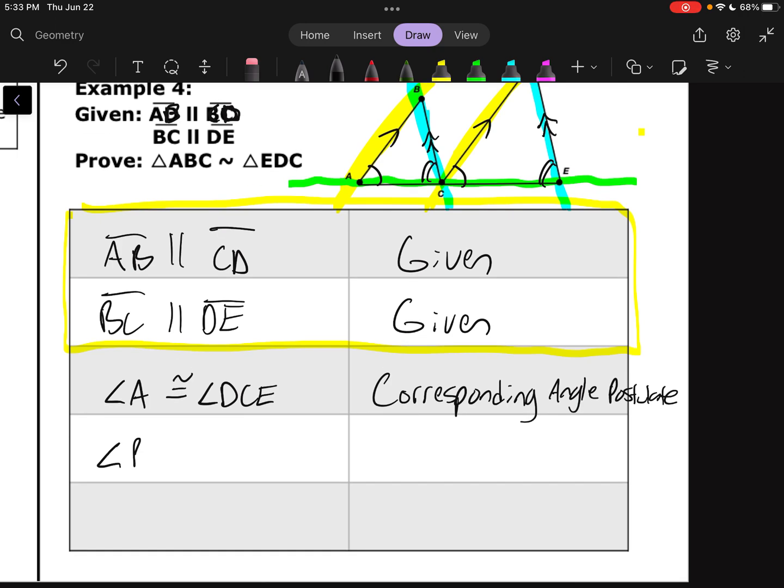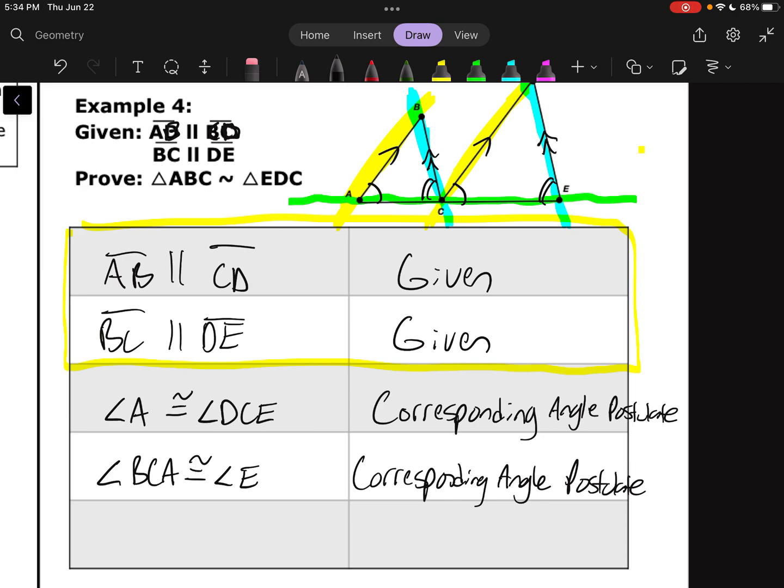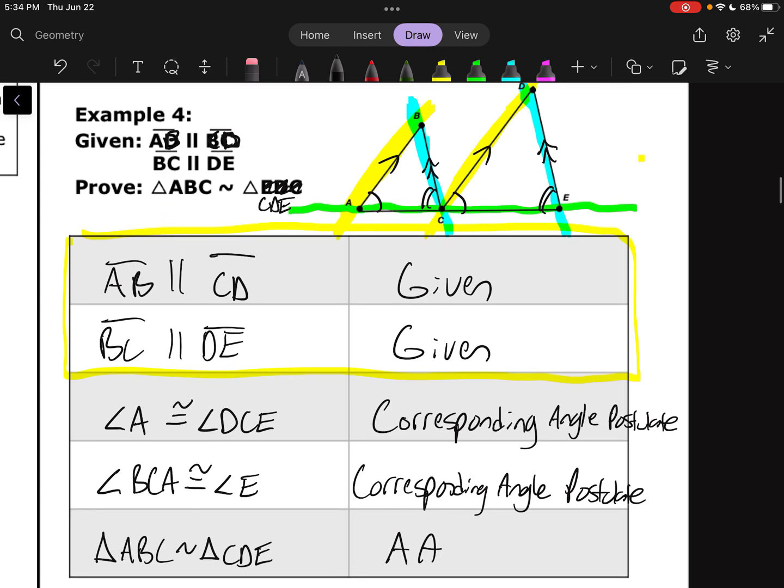That's angle BCA being congruent to angle E because of the corresponding angle postulate. So now I've got my two sets of congruent angles, and that's going to let me say that triangle ABC is similar to triangle CDE by AA. Once again, we matched up the letters there.